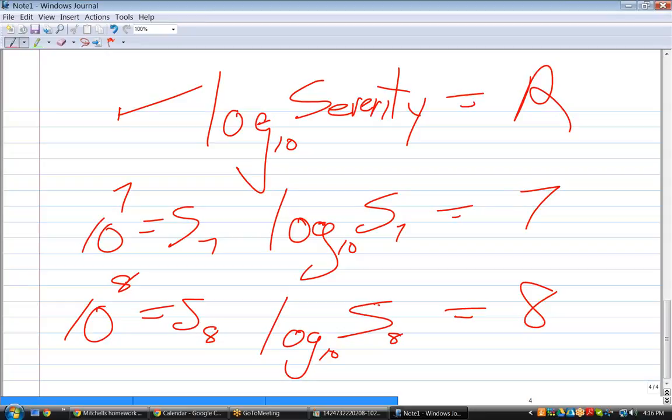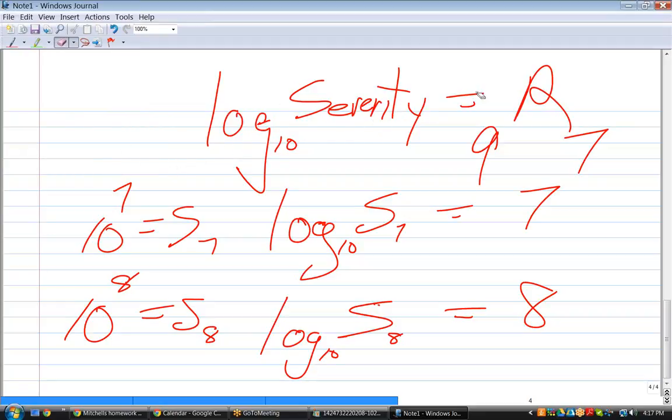So, in other words, a 9 compared to a 7 is 100 times more severe. A 10 compared to a 7 would be 1,000 times more severe. All right. Makes sense.